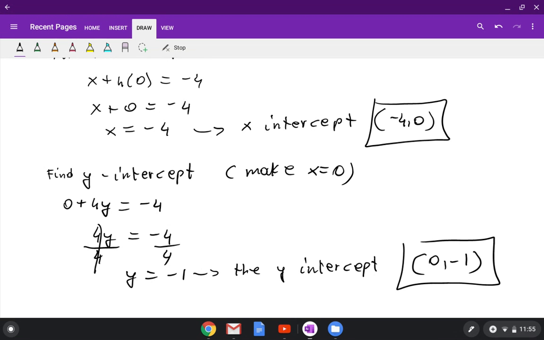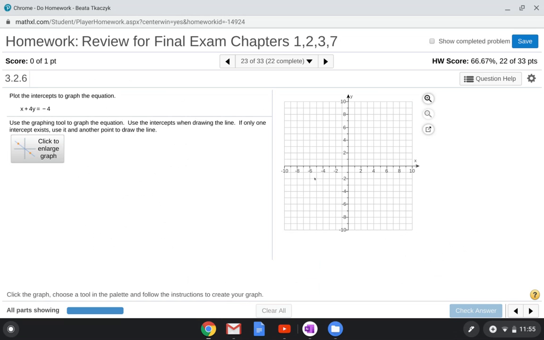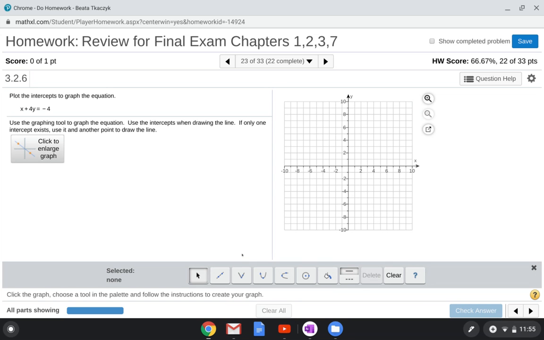So let's go back to my MATLAB. Negative 4 comma 0. Okay. Plot the intercepts of the graph of the equation. Use the graph tools. Use the intercepts when drawing the line.